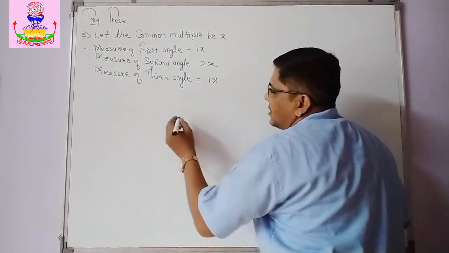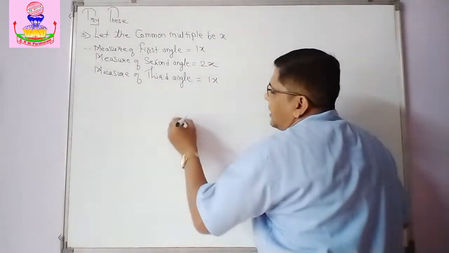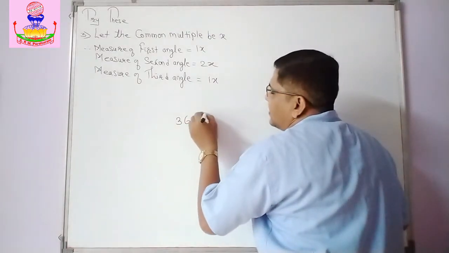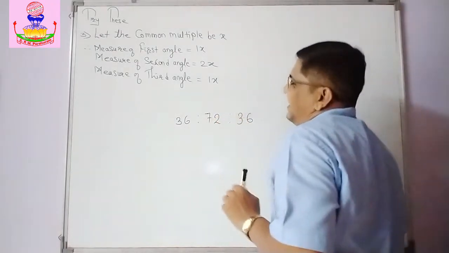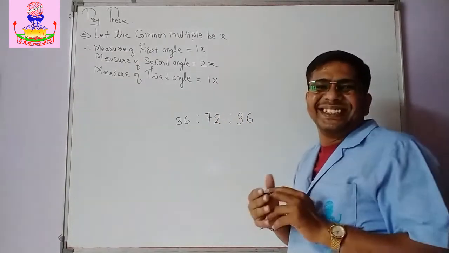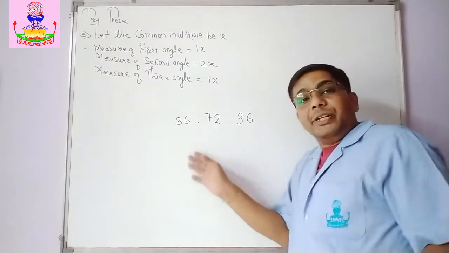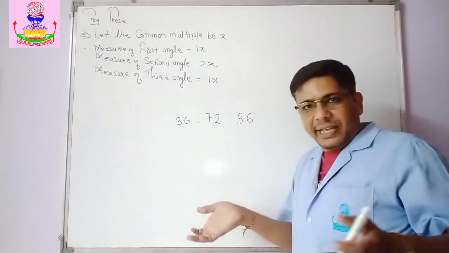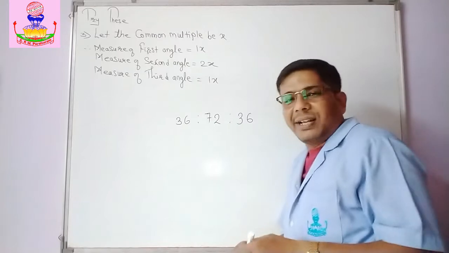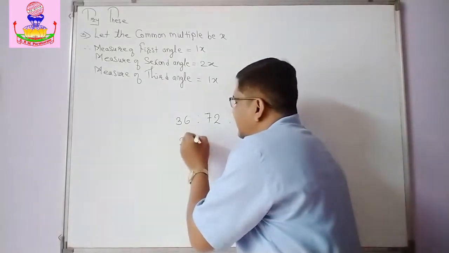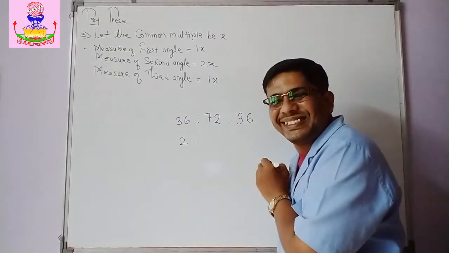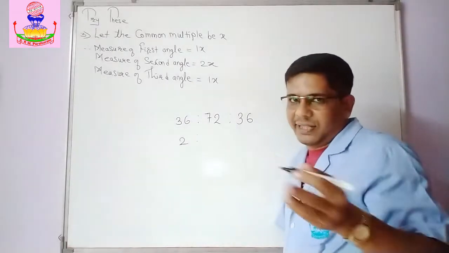I'll explain. For example, if I tell you that 36 is to 72 is to 36, this is the ratio. But I can reduce this. Can I? Yes, I can. I know the tables. 18 twos are 36.